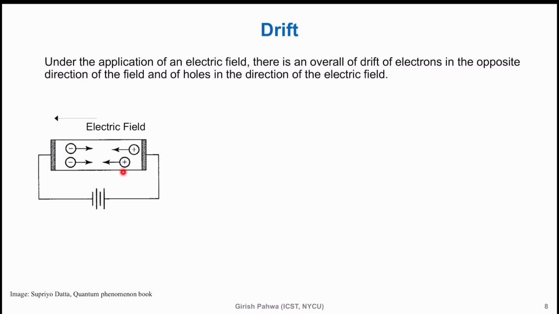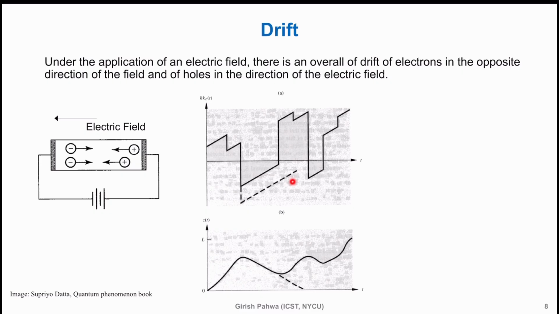But as soon as they start to move, they will encounter some scattering events. Now if I plot, say, my momentum h bar k as a function of time, not distance, how will it look? It will look like this. h bar dk/dt is proportional to force.